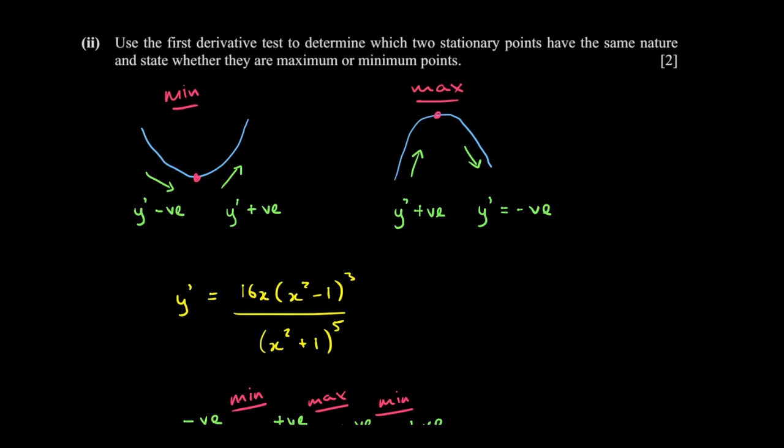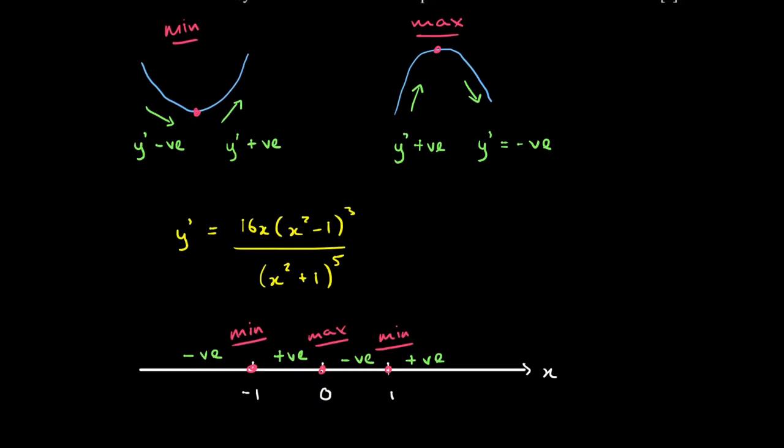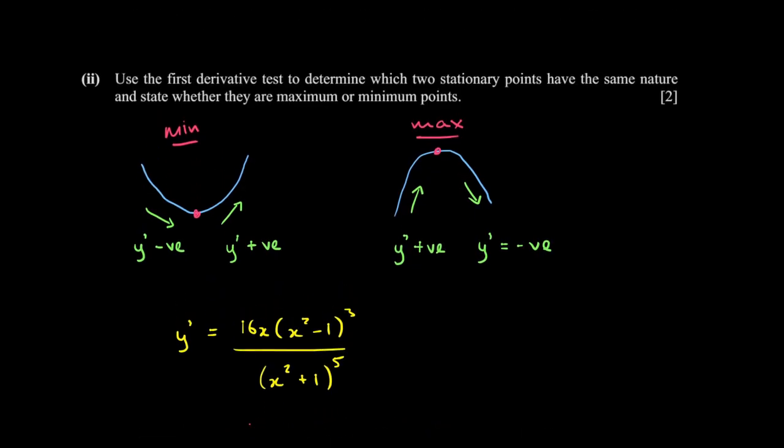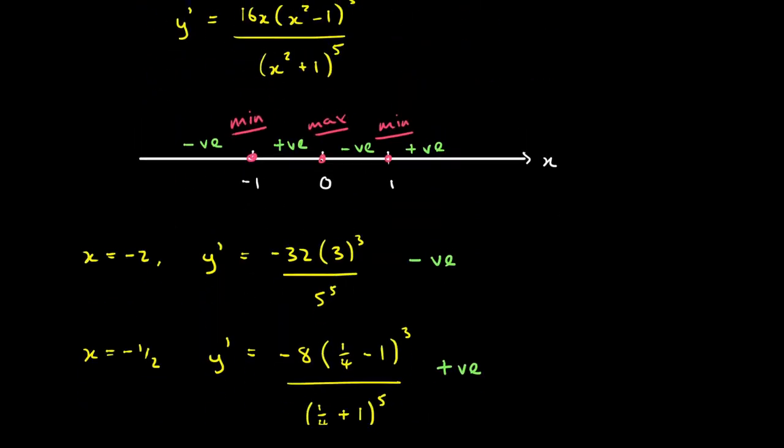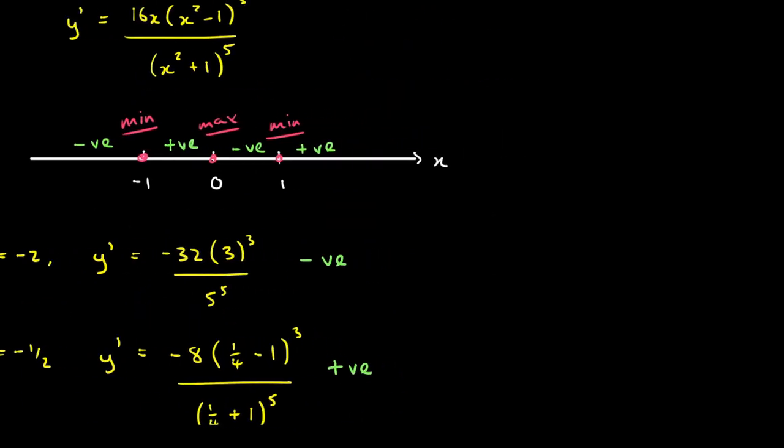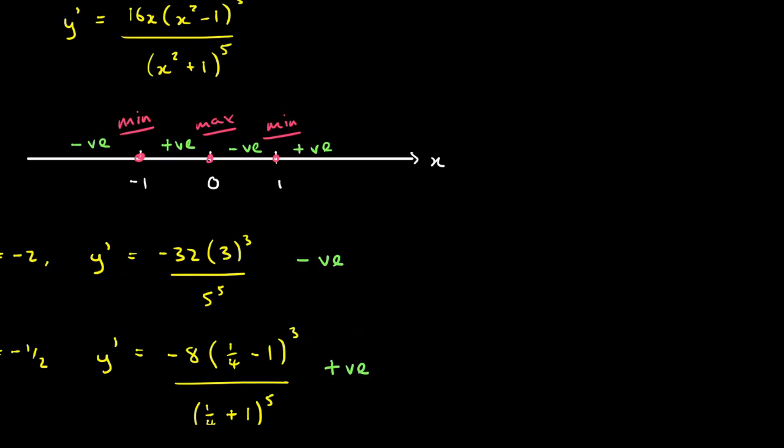So what are we asked to show? To determine which two stationary points have the same nature. Well, that's negative 1 and positive 1, and state whether they are maximum or minimum points. So they're minimum points. The concluding statement will be something like: both x equals 1 and x equals negative 1 have the same nature, which is a minimum.